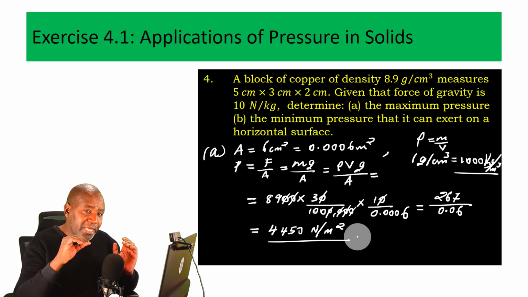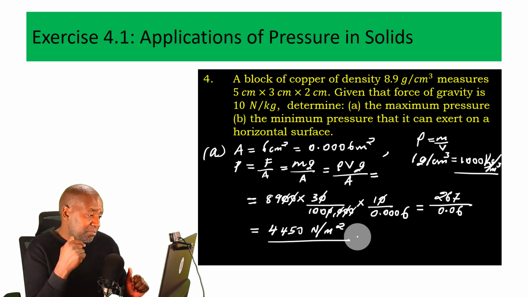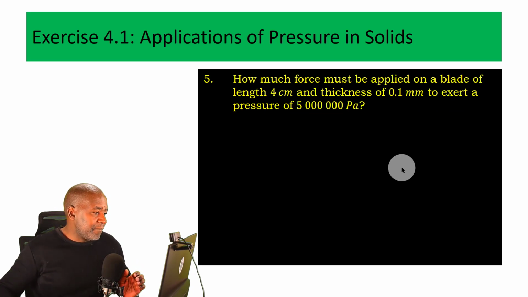You need to remember equations. And you need to know how to put them together. For example, in part B, I'd like you to work out the minimum pressure that it can exert on a horizontal surface. Just use that to practice on that section. Let's look at question number 5.